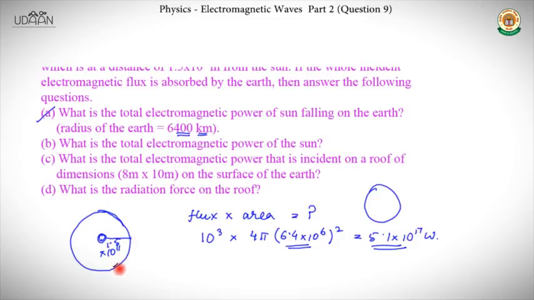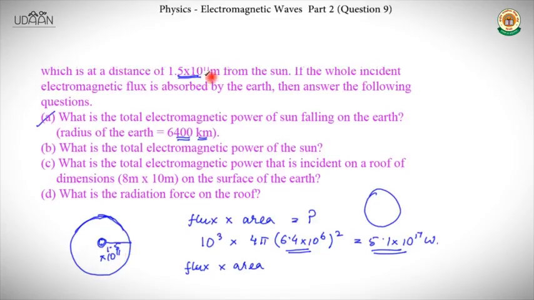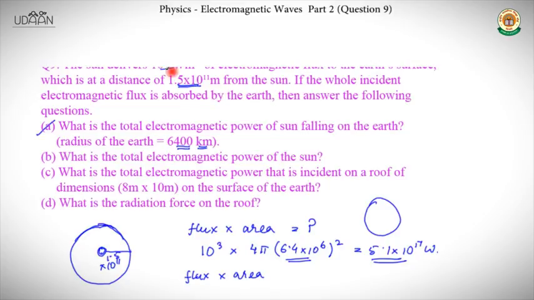We have been given the flux, and as we all know, flux into area gives the total power. So instead of considering the area of the earth, now we consider the area of the virtual sphere, which has the sun at its center, and the radius would be 1.5 into 10 raised to power 11, because this is the distance at which the flux is given to be this.